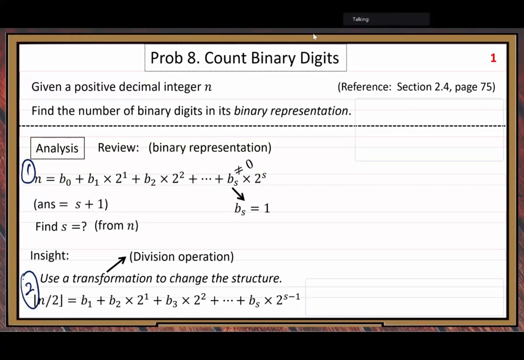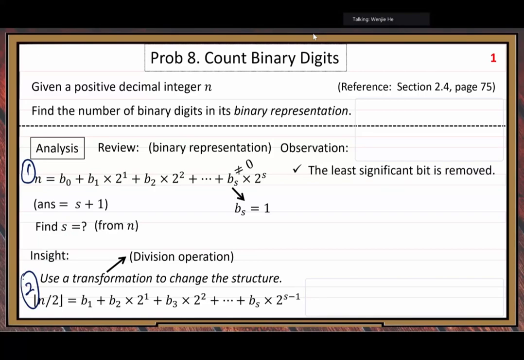So we want to use this relationship to help us find our final solution. Let's write this equation based on this observation.